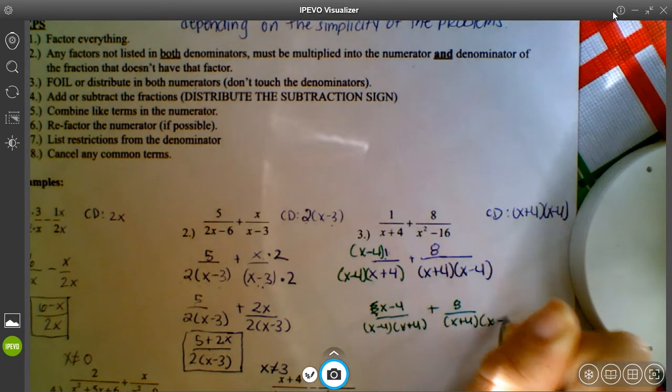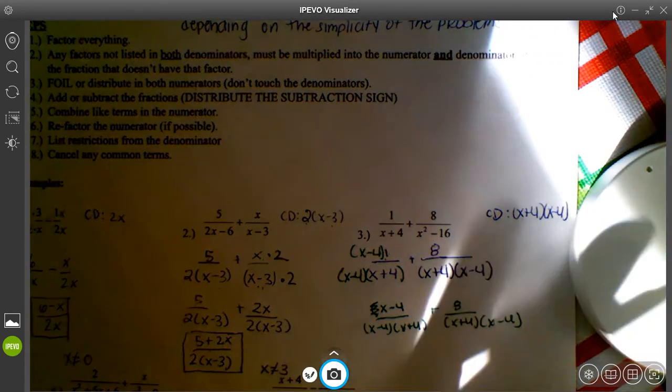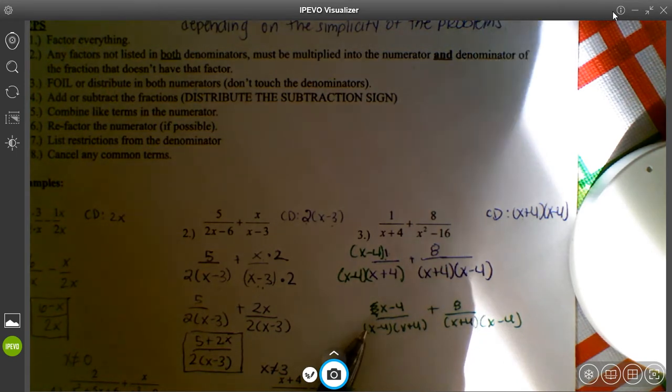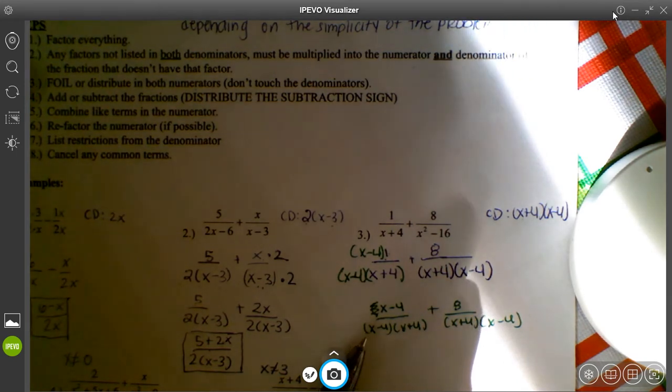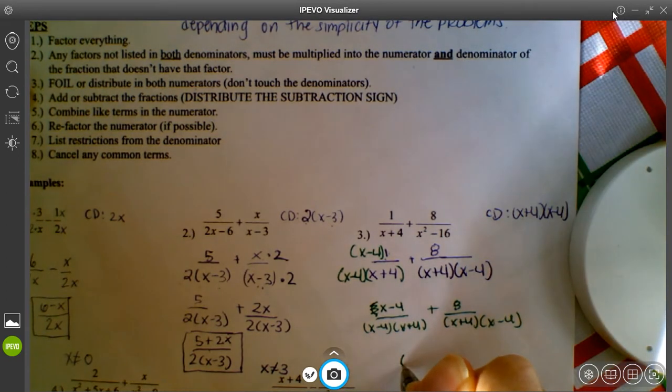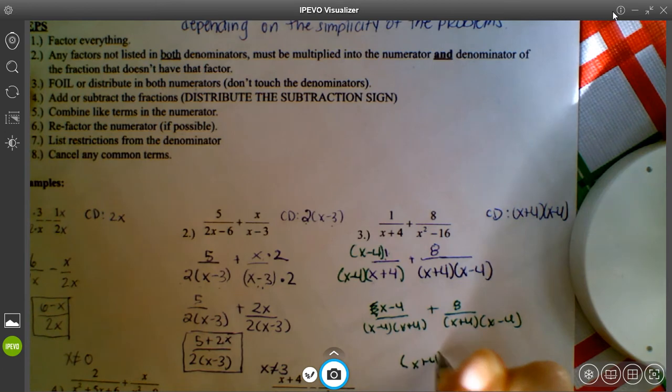I want to note that nowhere in the steps does it say refoil the denominator or touch the denominator. No, it doesn't say it, so don't do it. In fact, the next step says add or subtract the fractions. So we're keeping the denominator as the common denominator.